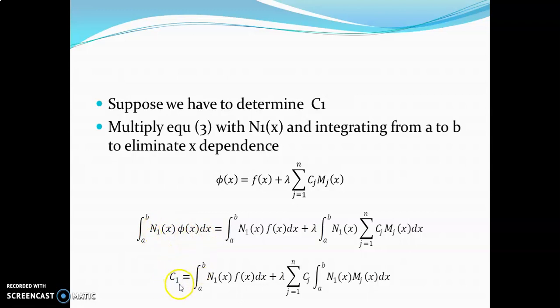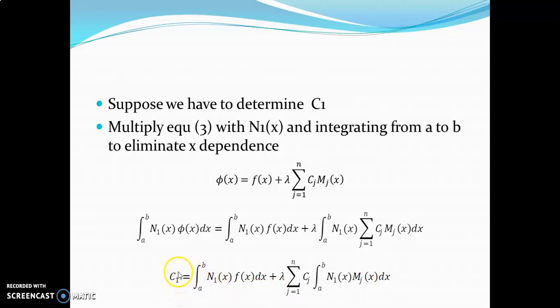So c1 is equal to integral a to b n1 of x into f of x dx plus lambda summation, and summation and integration can be interchanged. Lambda into summation j goes from 1 to n cj. Cj is independent of x and can be taken out of the integral sign. Integral a to b n1 of x mj of x dx. So this is the value of C1.